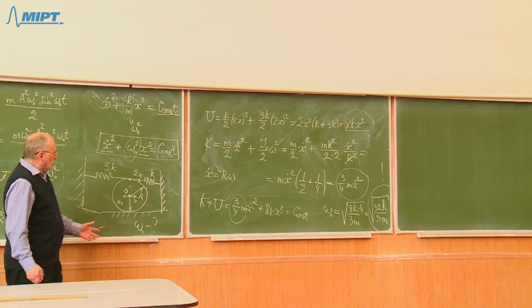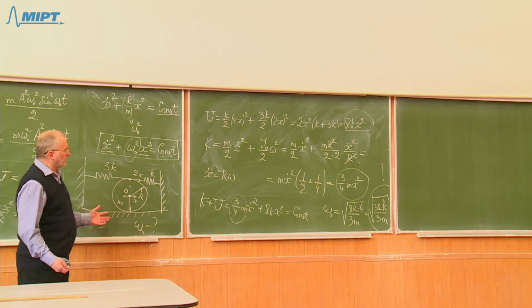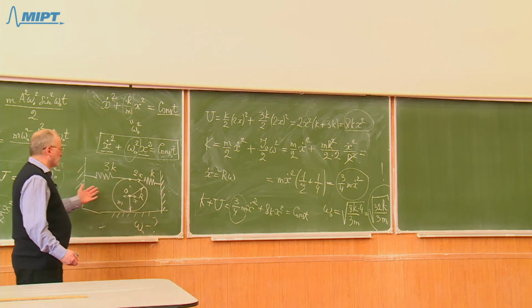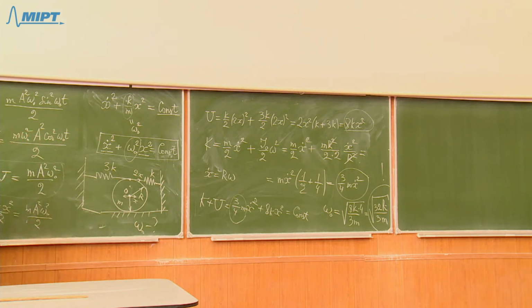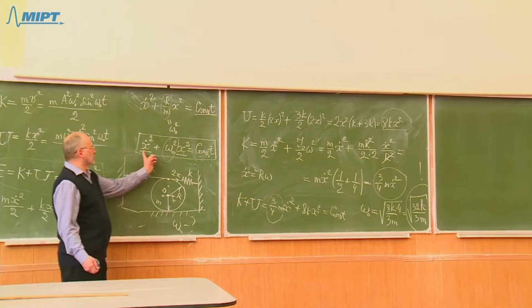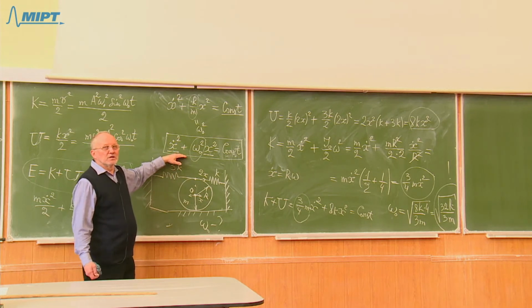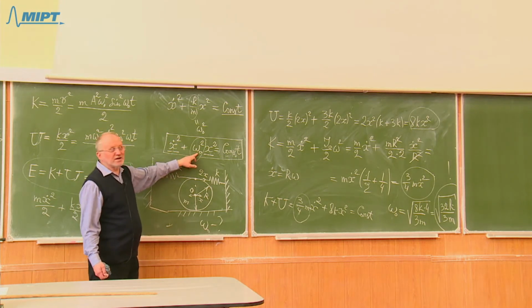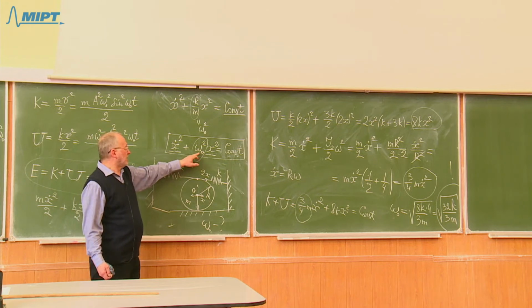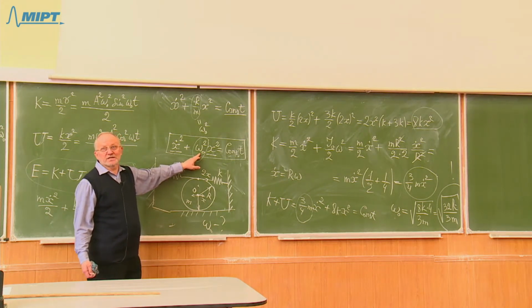It turns out that it's not very difficult to find the frequency of such oscillations, because we have a theoretical result which shows that the law of conservation of energy written in this form allows one to immediately find the frequency of vibrations as the coefficient at the second term in this equation.